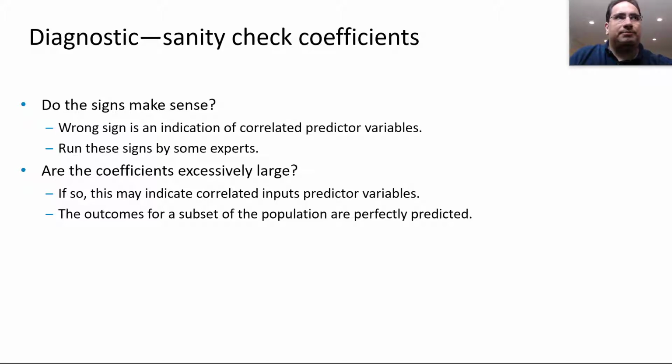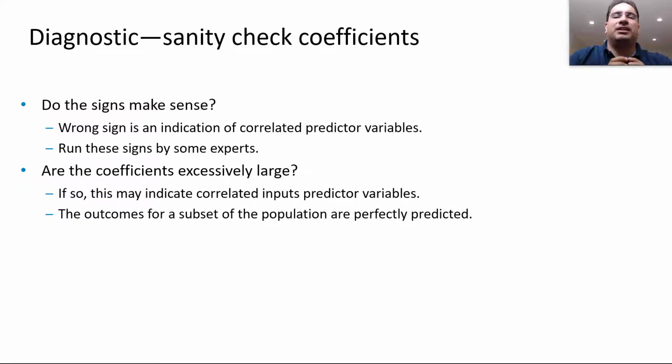So when you want to make sure that the logistic regression model has actually learned properly, you could take a look at the signs. Do the signs make sense? Maybe there's a wrong sign, like a positive or negative sign might be an indication of correlated variables. So you may have two variables where one of them has a positive sign as the weight and multiplier, and the other one might have a negative one to negate the effect of that correlated variable.